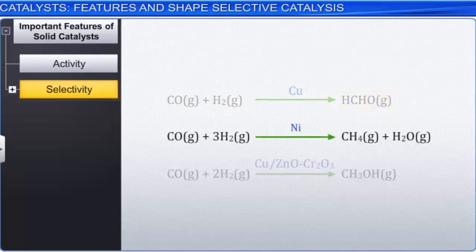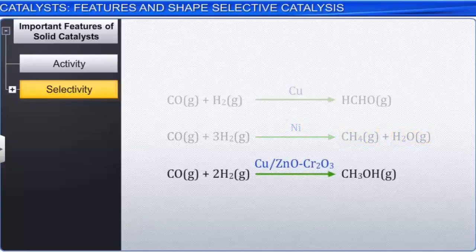In the second reaction, carbon monoxide reacts with hydrogen in the presence of nickel as the catalyst and forms methane and water vapor. In the third reaction, carbon monoxide reacts with hydrogen in the presence of copper and zinc oxide with chromium oxide as the catalyst to form methyl alcohol.